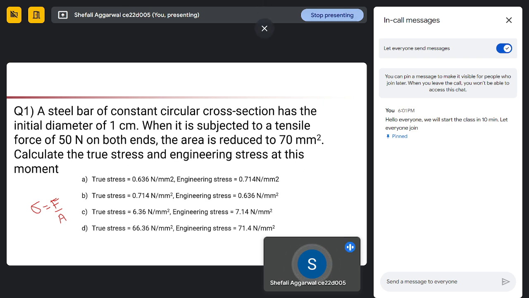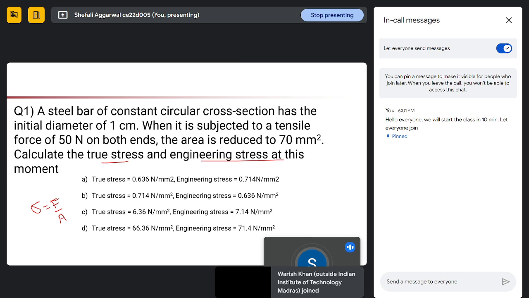First we will try to understand the difference between true stress and engineering stress. In engineering stress we take the initial parameters of our material. In this case, with a circular rod, the initial cross section of the circular rod gives us the engineering stress. However, true stress is the stress at the point of deformation or at the point of calculation.